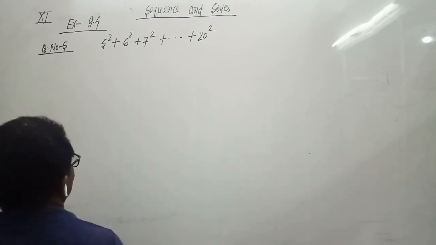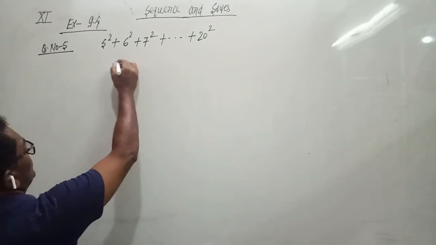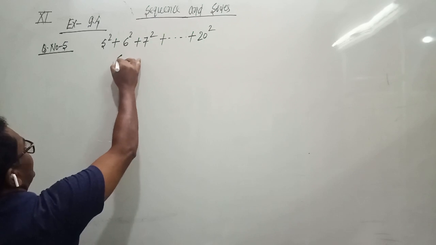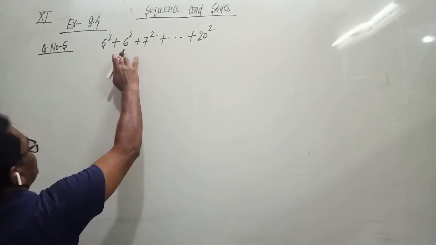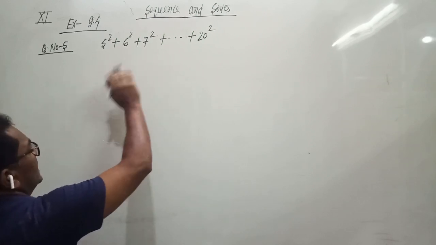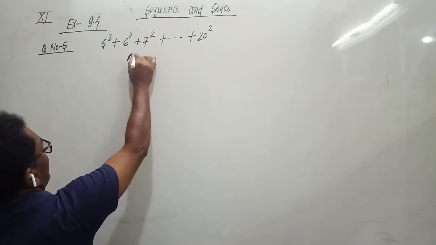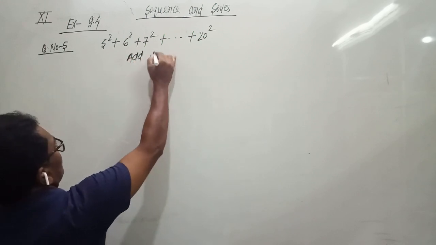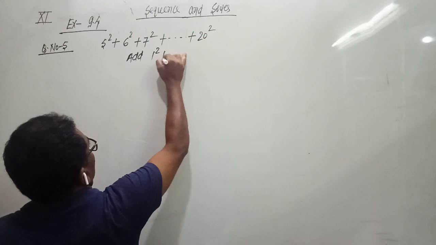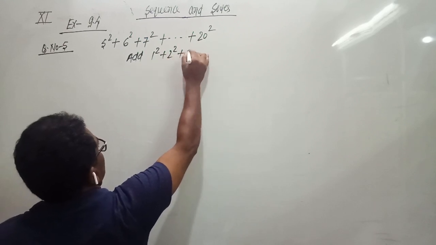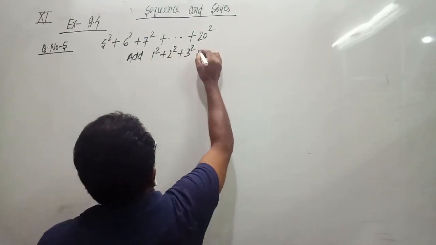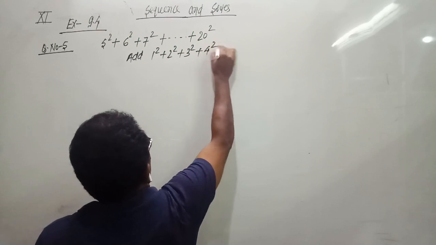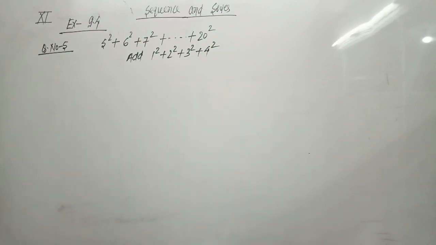So what we will do? Add and subtract 1 square plus 2 square plus 3 square plus 4 square.